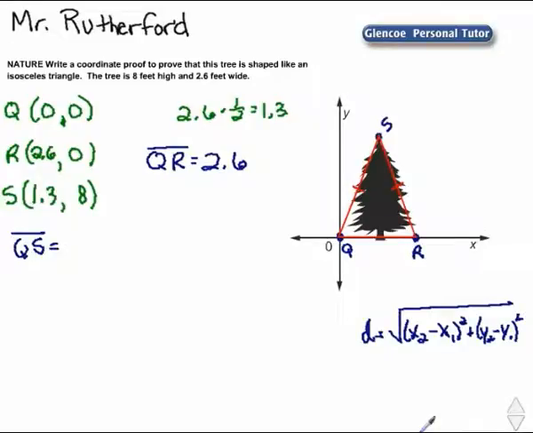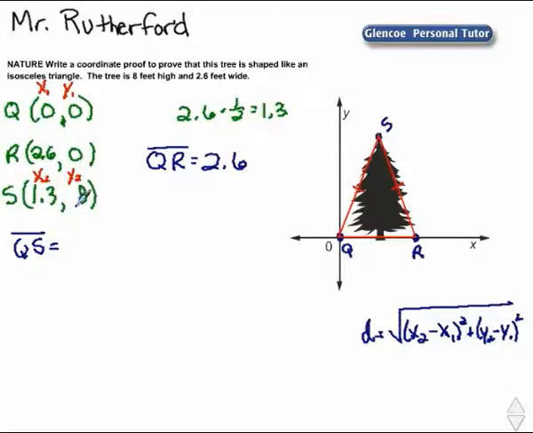So we need to identify our x1 and y1. So we'll label for point Q, 0 is x1, and our other 0 will be y1. And then for the point S, 1.3 will be x2, and 8 will be y2.